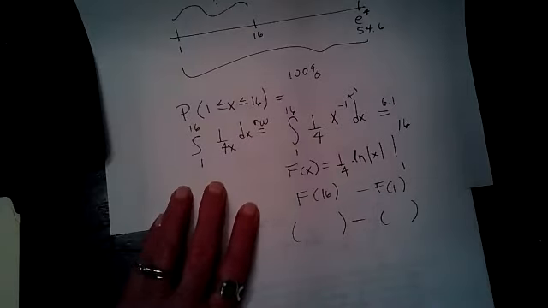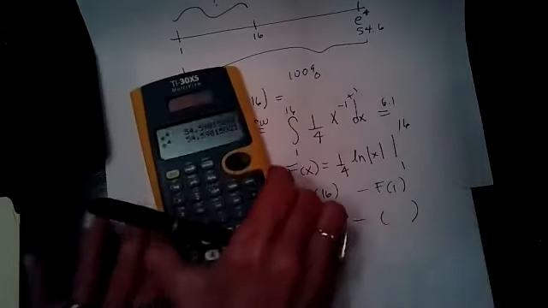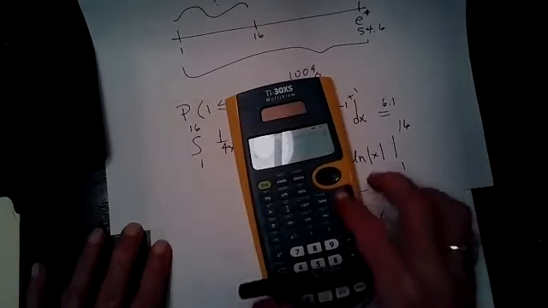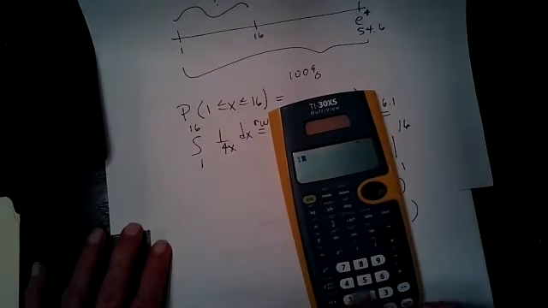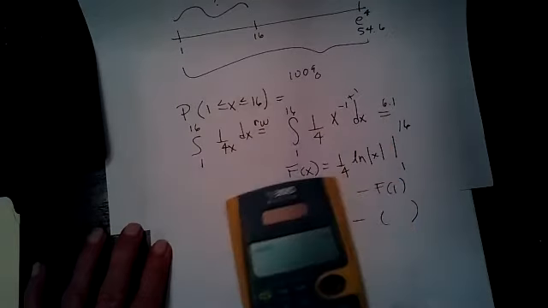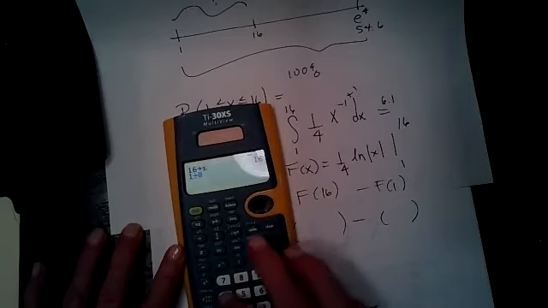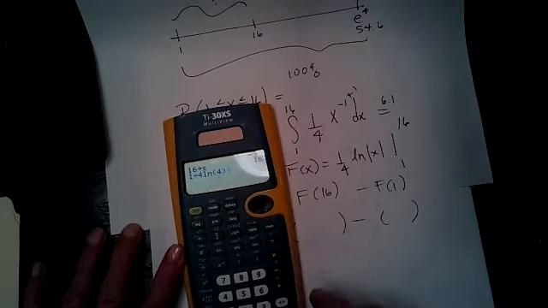You can do it exact, or you can do it in your calculator, but I'm going to put 16 in my calculator. It's a great time for any of you that don't know how to do that. I'm going to do 16, store for x, and enter. I'm going to type in my antiderivative: 1 divided by 4 times the ln of x. Enter.